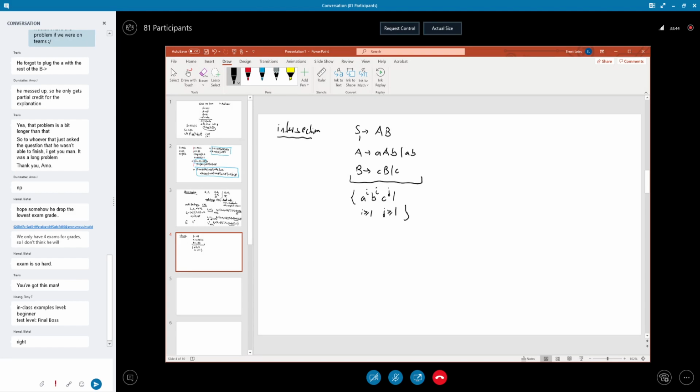Correct. And then capital B generates a bunch of C's without any further restriction, so c to the j, where there's at least one. So this is the language that this grammar generates.